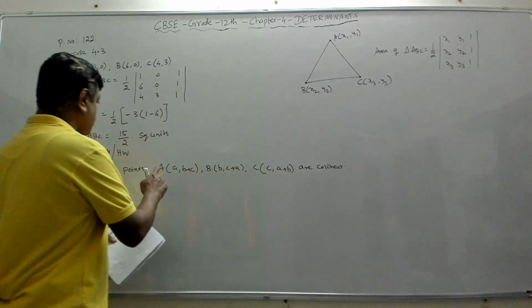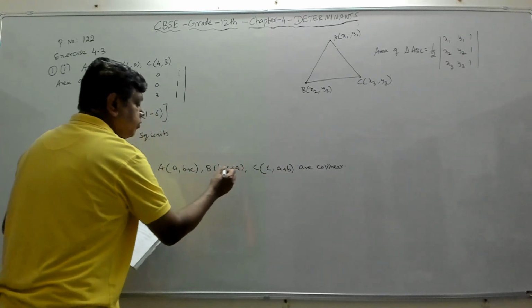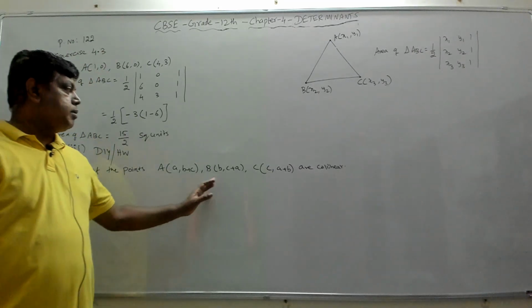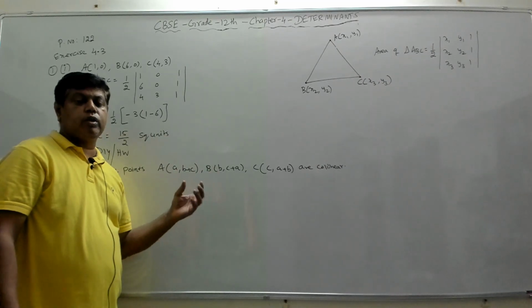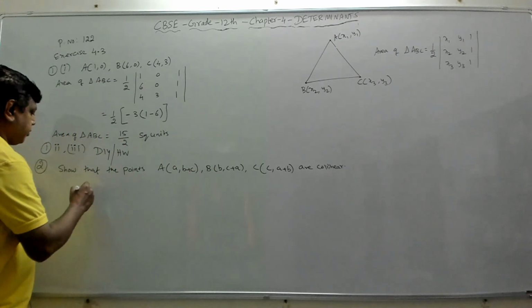We will show that the 3 points are collinear. Whenever we want to prove that 3 points are collinear, we have to show that the area of the triangle ABC is 0. If the area is 0, then the points ABC are collinear, which means they lie on the same line.